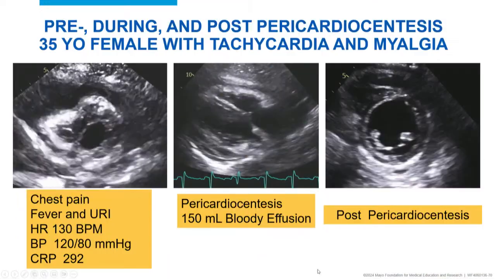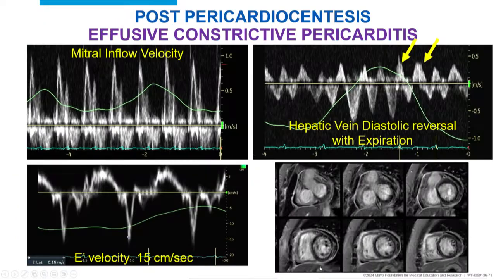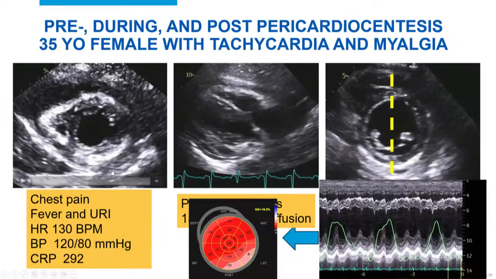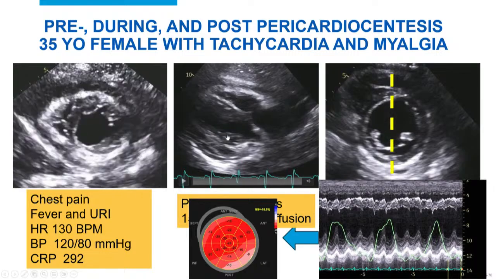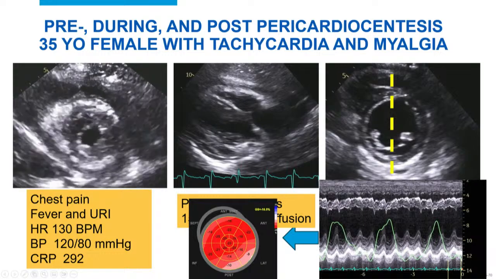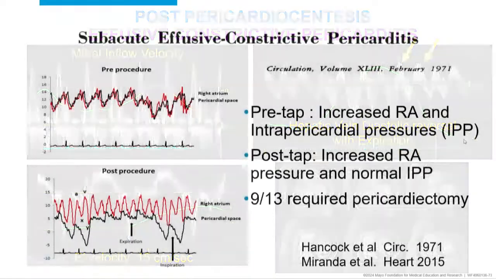Let me just skip through that. I was also trying to show you the patients with significant pericardial effusion after pericardiocentesis. You can develop significant effusive constrictive pericarditis, also with cardiac MRI showing inflammation. Then we do medical therapy, and most of the time we can try to do that.